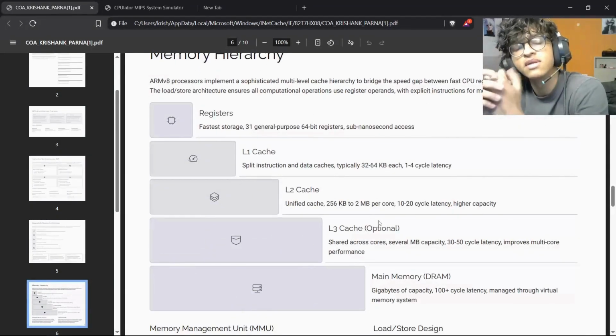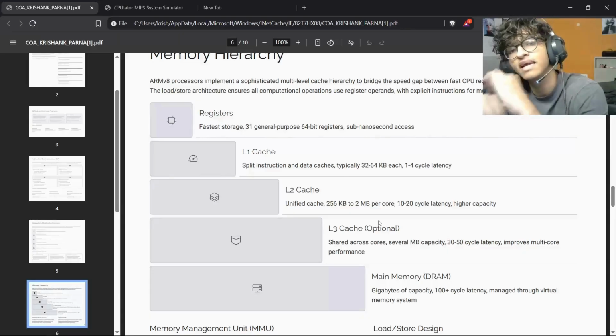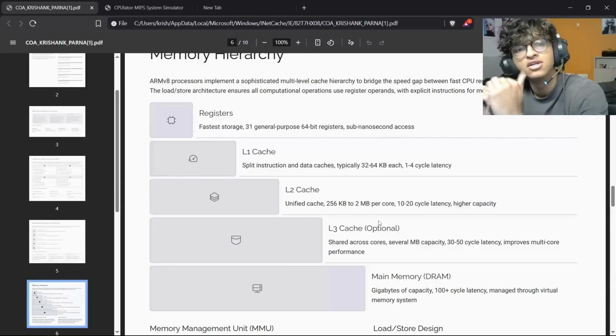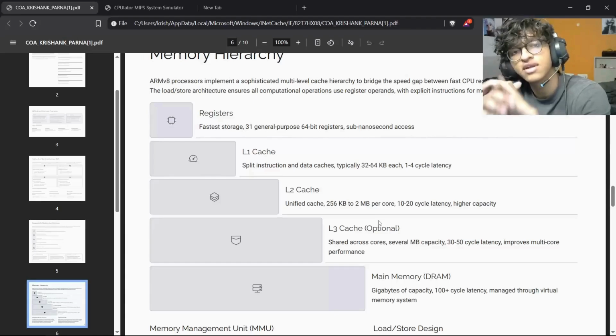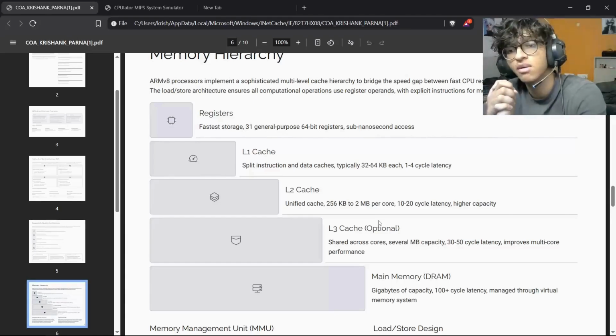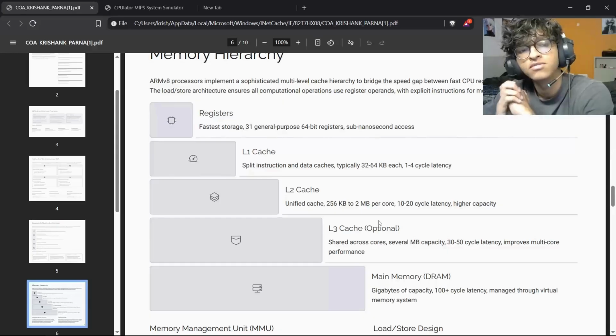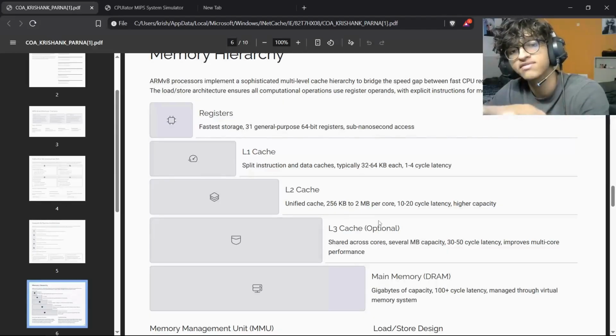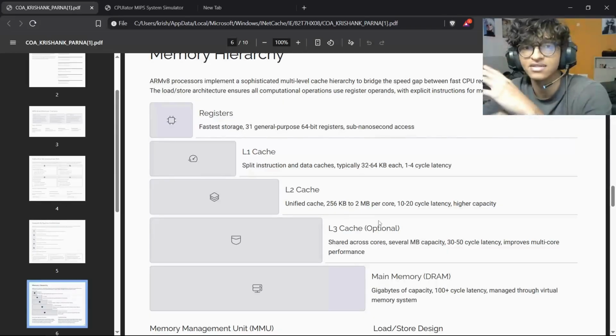ARM V8 processors implement a sophisticated multi-level cache hierarchy to bridge the speed gap between fast CPU registers and slower main memory. The load-store architecture ensures all computational operations use register operands, with explicit instructions for memory access. Registers are the fastest storage: 31 general purpose 64-bit registers with sub-nanosecond access.